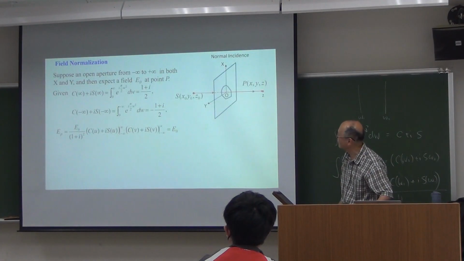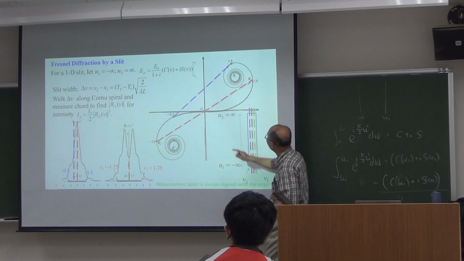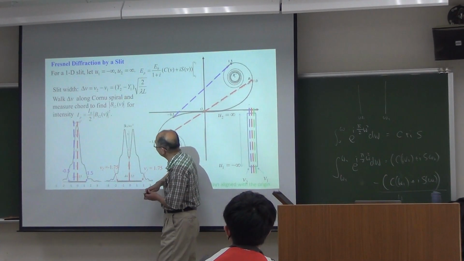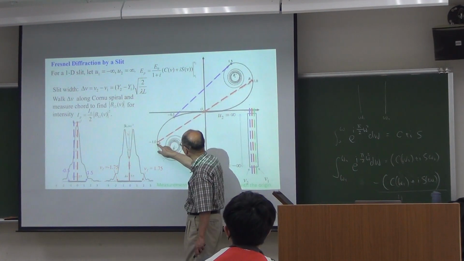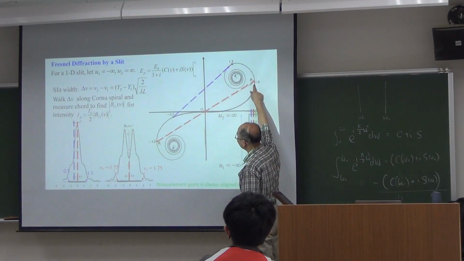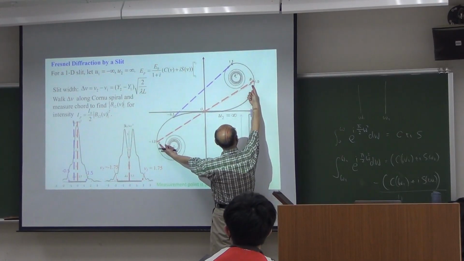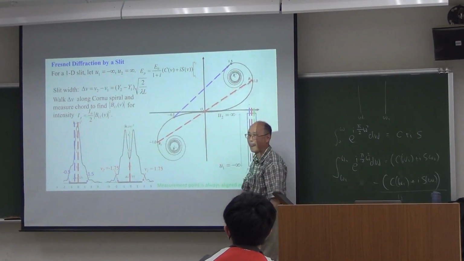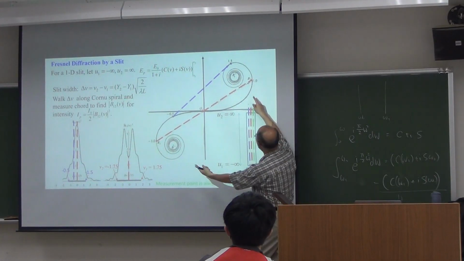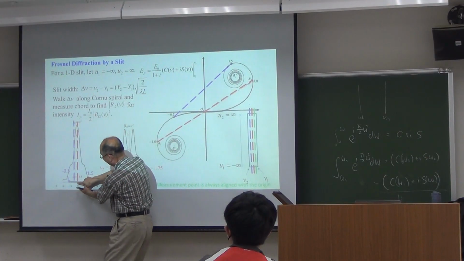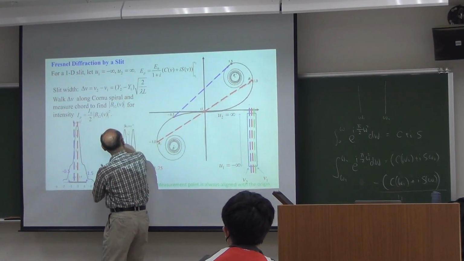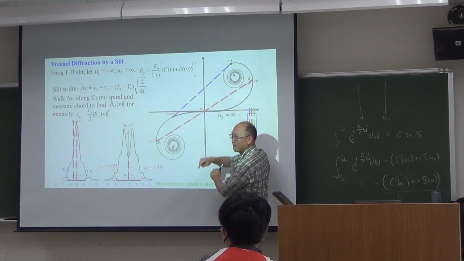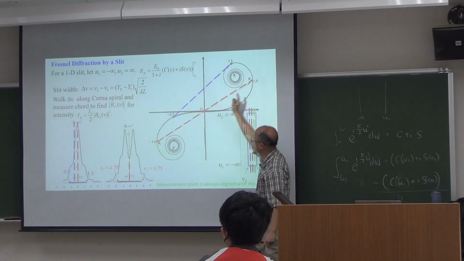This is what I'm doing right now: identify the -1 vector, the +1 vector, and then do a subtraction. The total length is this big. So the intensity right at this point is this big. It's the length between these two points.